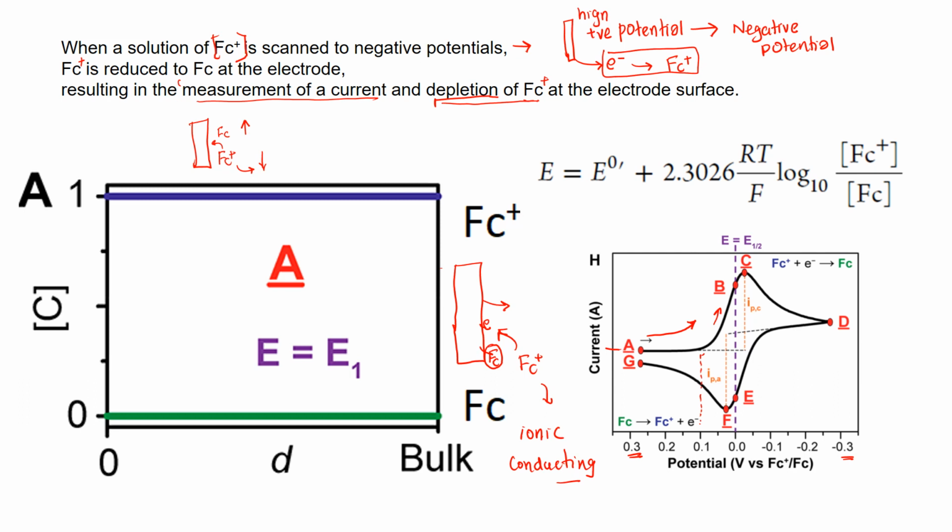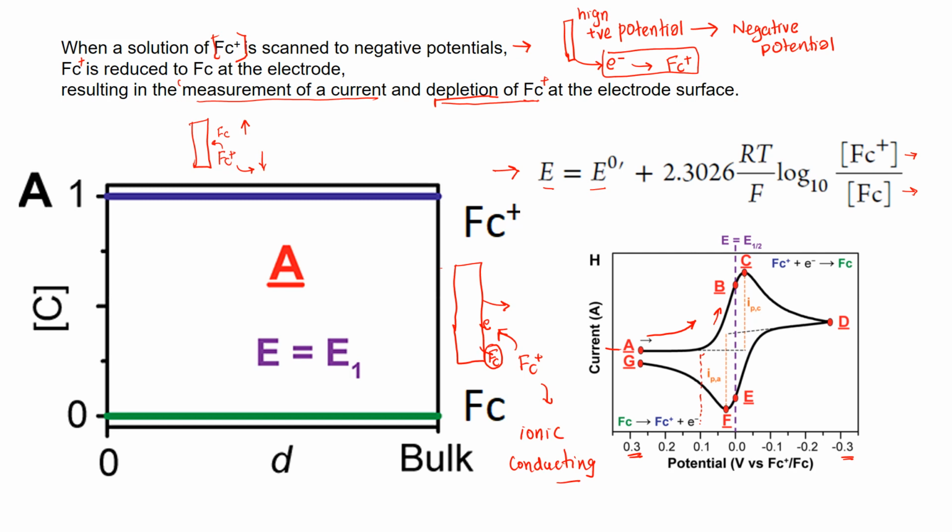Now this is again the Nernst equation, which says E is equal to E naught dash plus such and such, and then here you have the concentration of Fc plus divided by the concentration of Fc. Now as and when you decrease the voltage, you are moving from positive to negative potential.